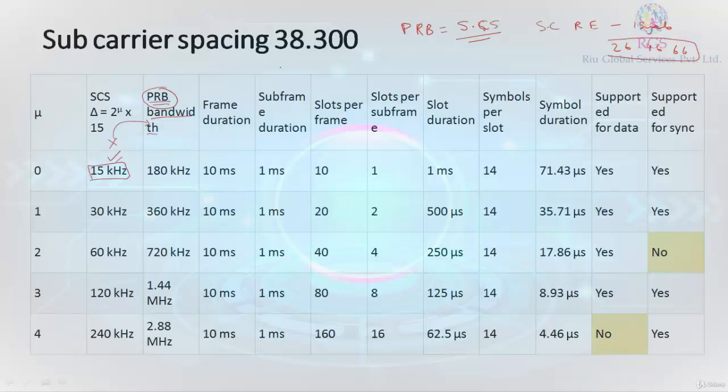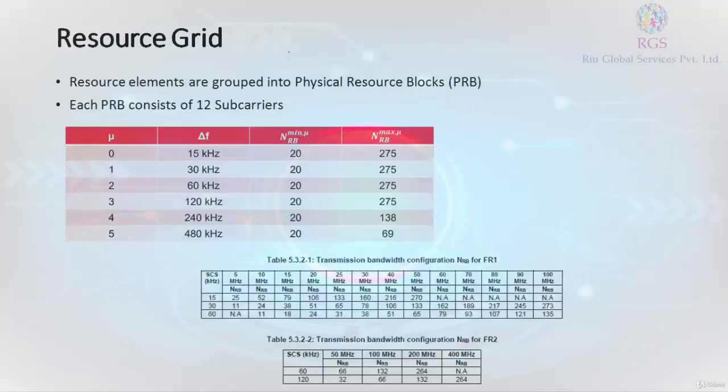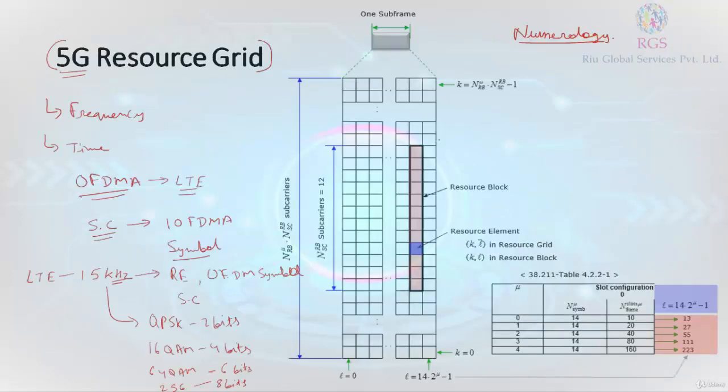So the calculation is very simple. One PRB or a physical resource block is nothing but a combination of 12 resource elements. You can say 1, 2, 3, 4, 5, 6, 7, 8, 9, 10, 11 and 12.